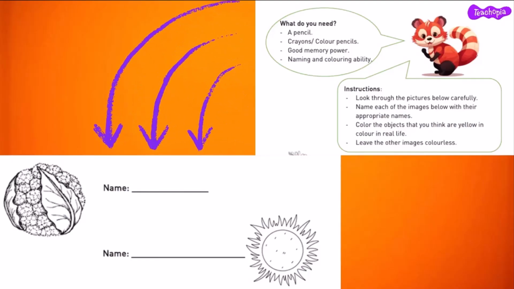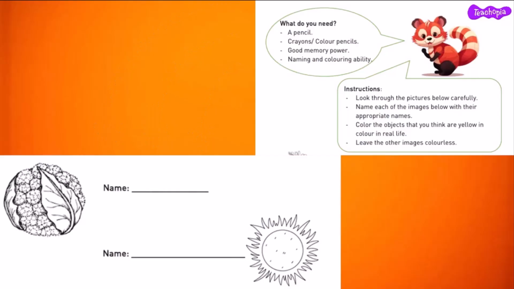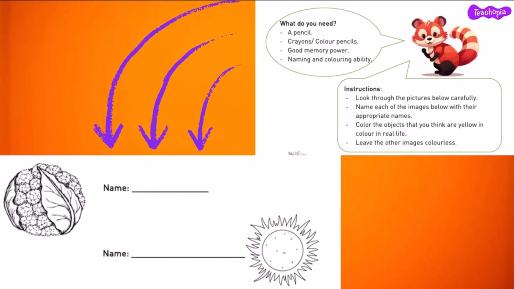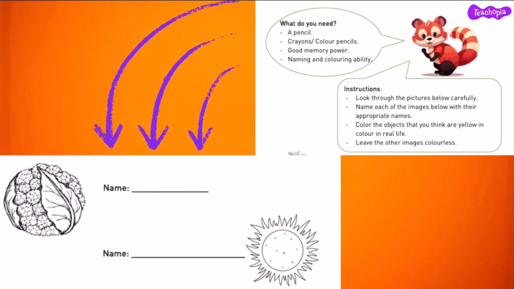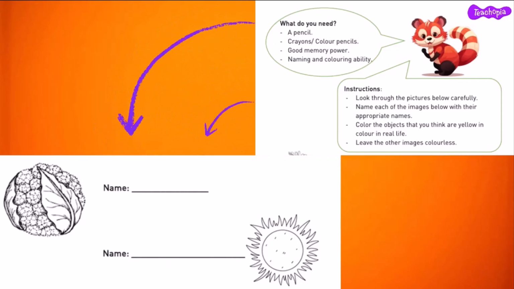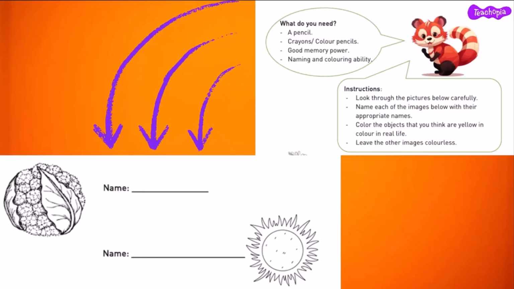But the following object, the sun, is yellow. So the learners can color the sun in yellow and also write its name. The rest of the activity can be guided by the facilitators and completed by our learners.